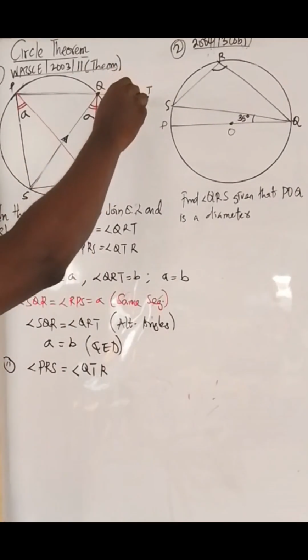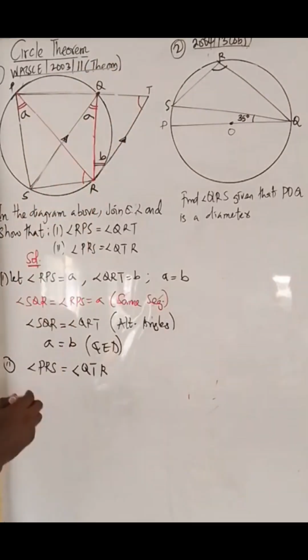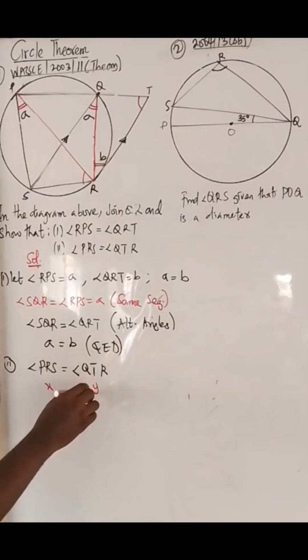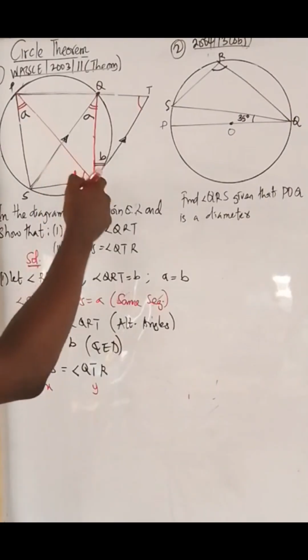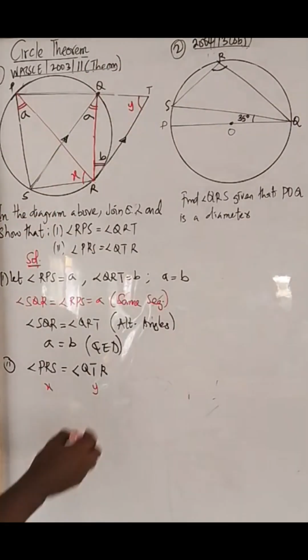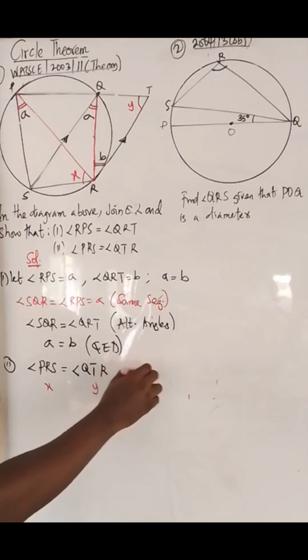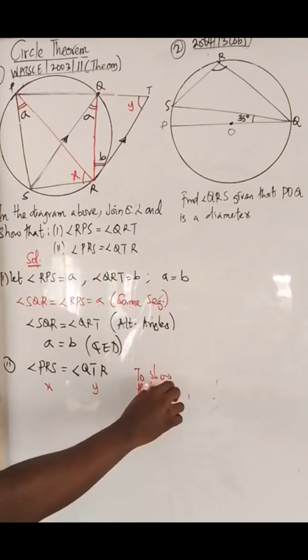QTR, this angle. We have to show that this angle equals this angle. So let's make PRS be X and QTR be Y. We have to show that X equals Y.